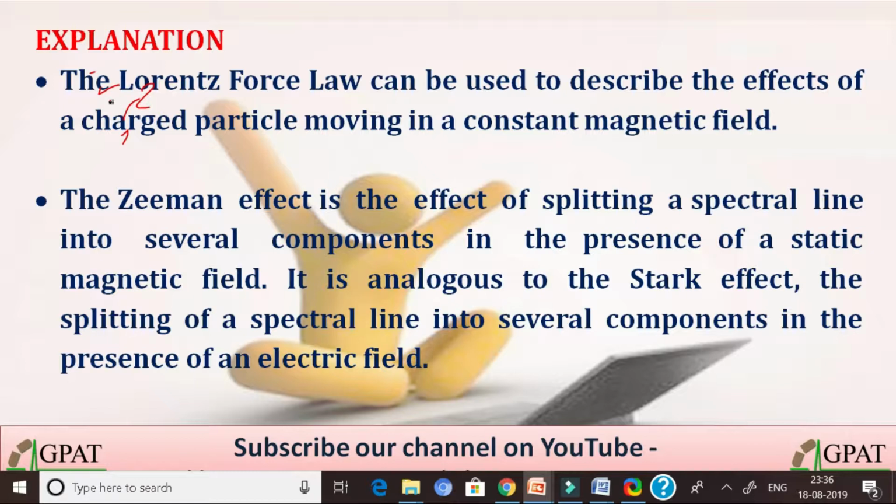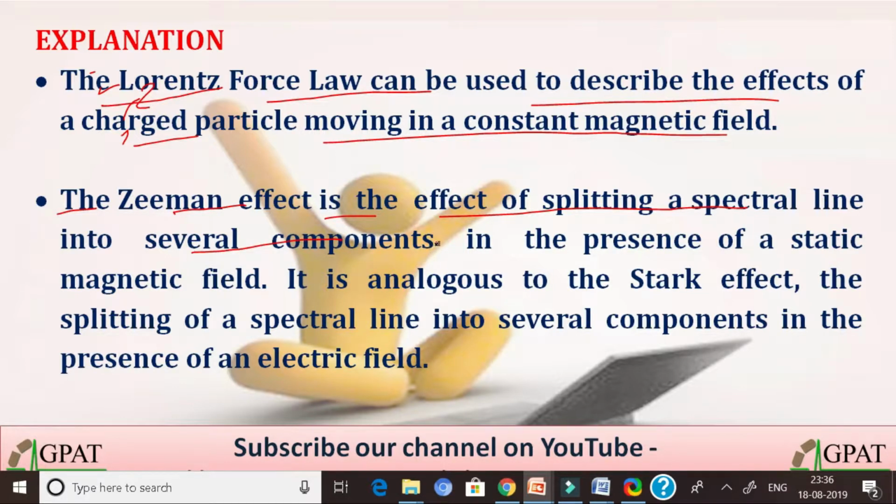The first one is the Lorentz force law, which can be used to describe the effects of a charged particle moving in a constant magnetic field, whereas the Zeeman effect is the effect of splitting a spectral line into several components in the presence of a static magnetic field, and it is analogous to the Stark effect, the splitting of a spectral line into several components in the presence of an electric field.